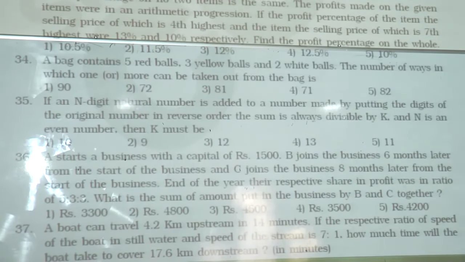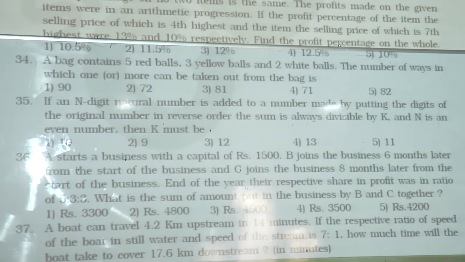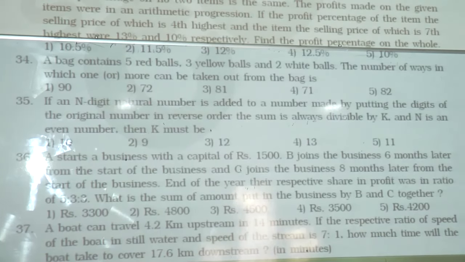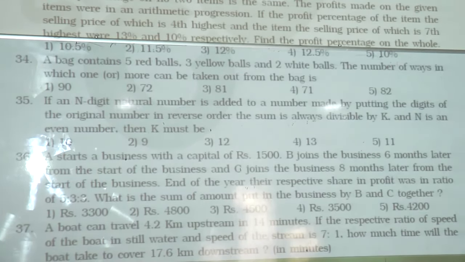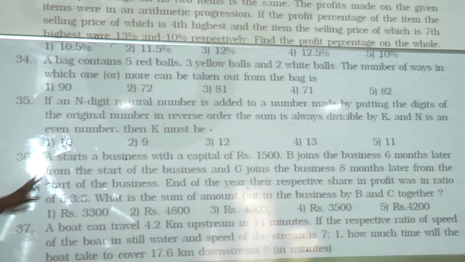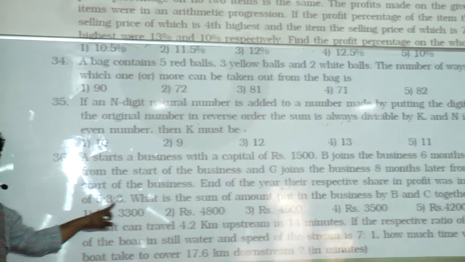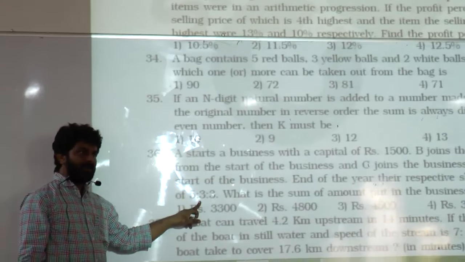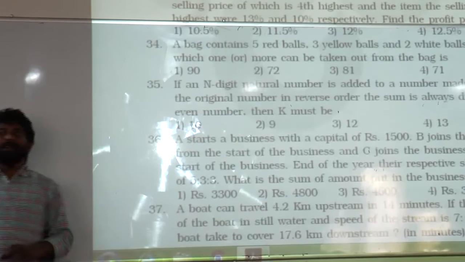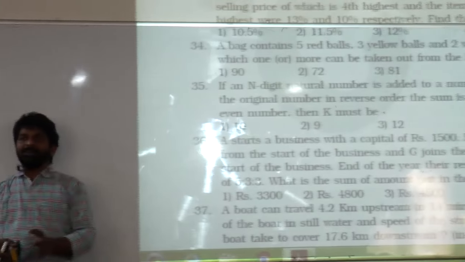So at the end of the year, their respective shares in the profit were in the ratio 5:3:3. What is the sum of the amount put in the business by B and C together? When you look at these ratios of their profits, B and C both are getting the same profit. Yes or no?